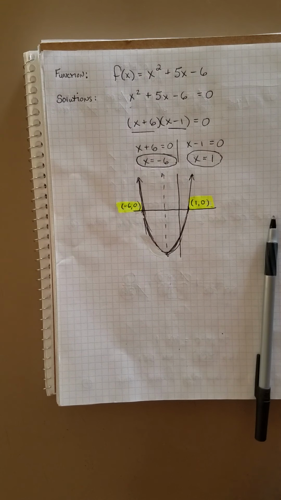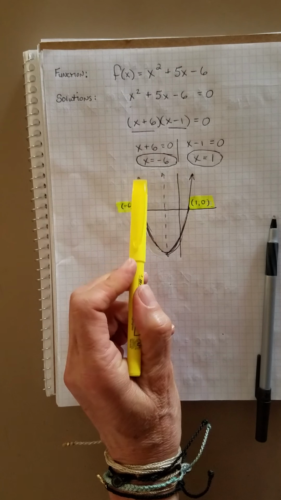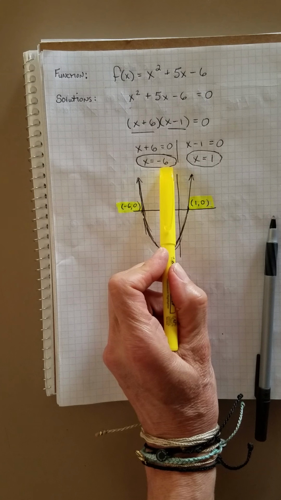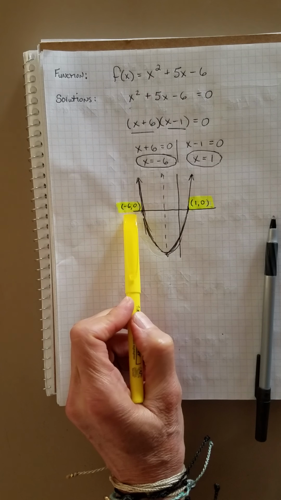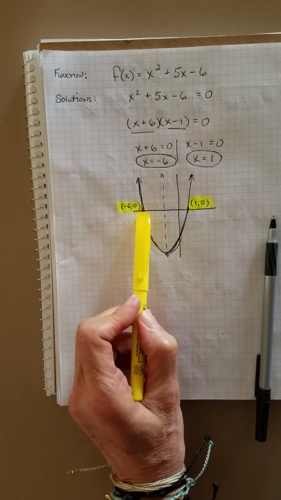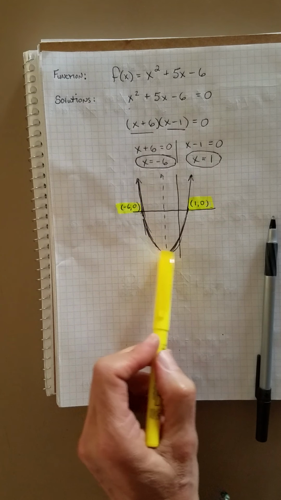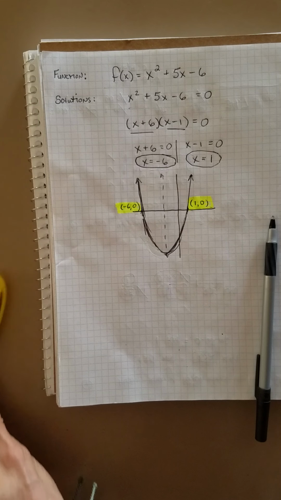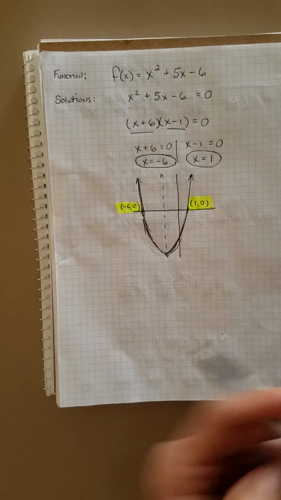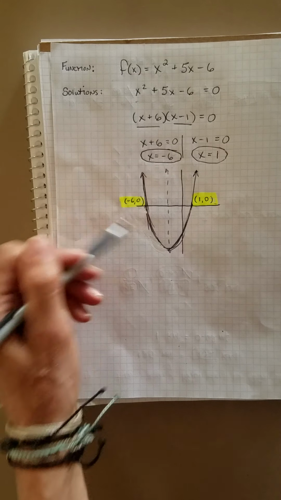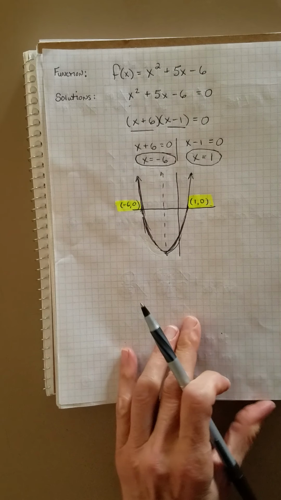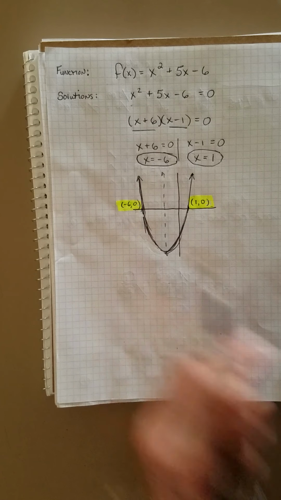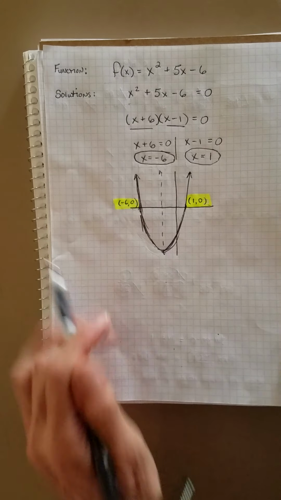So when we solve a quadratic and get x equals -6, that corresponds to a point on the graph where our quadratic crosses the x-axis. We have one here and one here because we have a U-shaped curve. Sometimes we will have one solution and sometimes no solution, but we'll talk about that tomorrow.